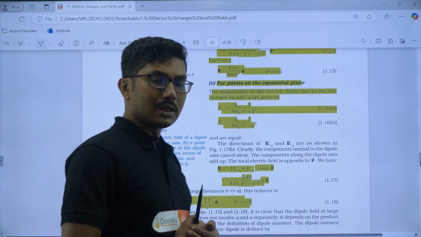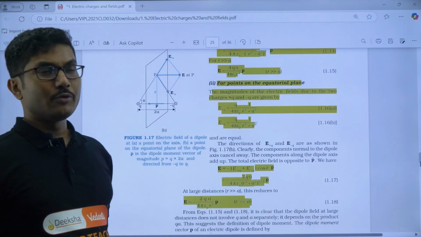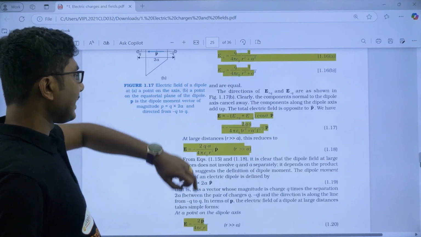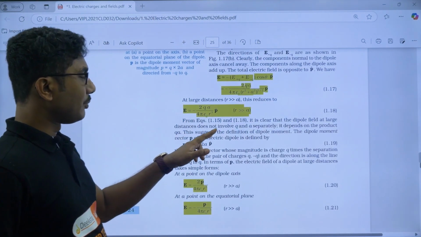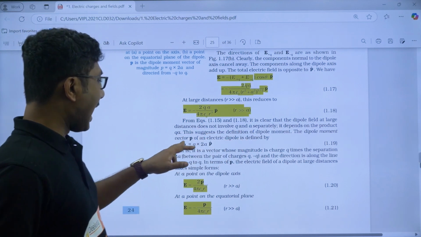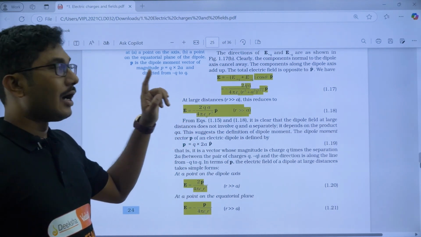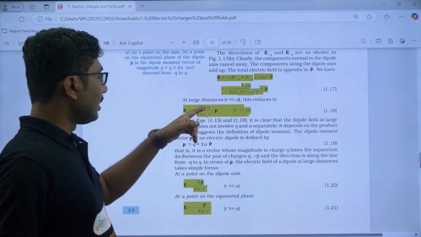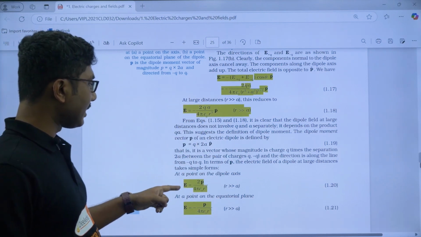You can follow my Brahmastra series for these derivations, or you can follow this textbook, but in this textbook they have defined the term dipole moment at the end, and they have done both derivations one by one. This is the electric field due to a dipole, and they have linked the on-axis and on-plane results at the end.